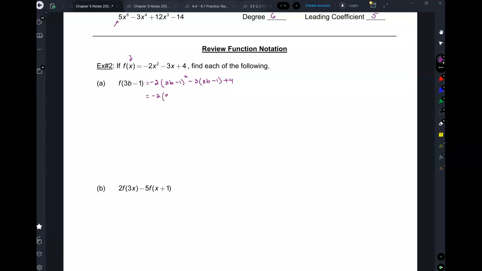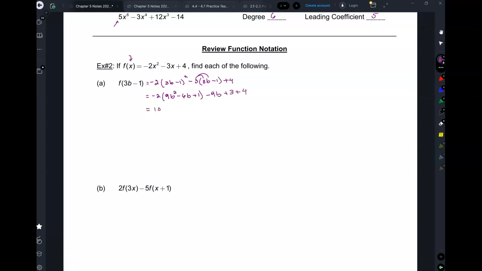This is negative 2 times (9b squared minus 6b plus 1). Distribute the negative 3, so negative 9b plus 3, plus 4.